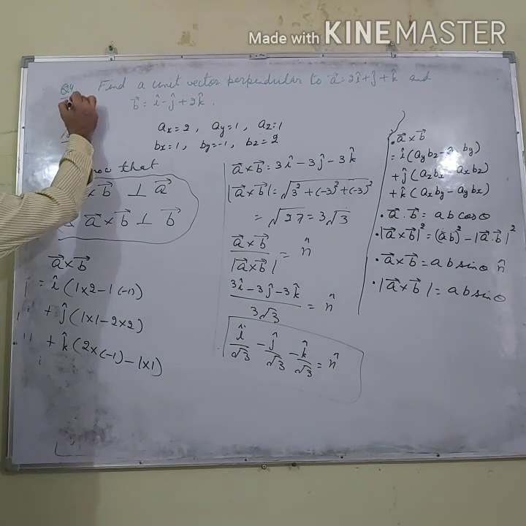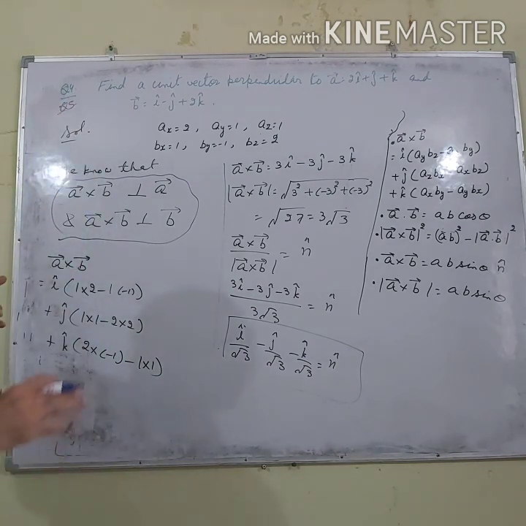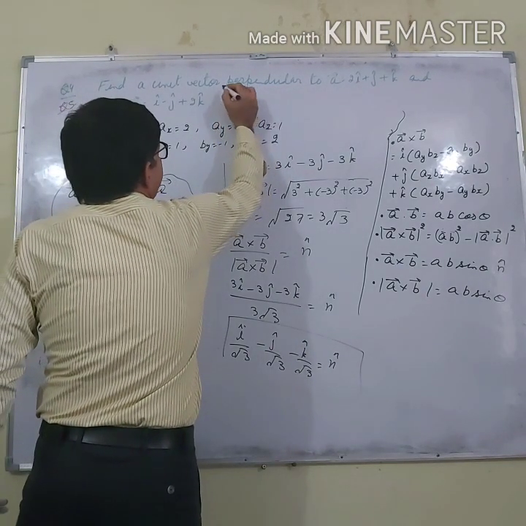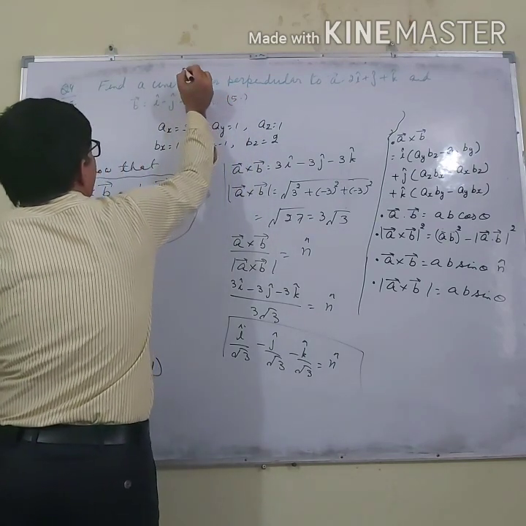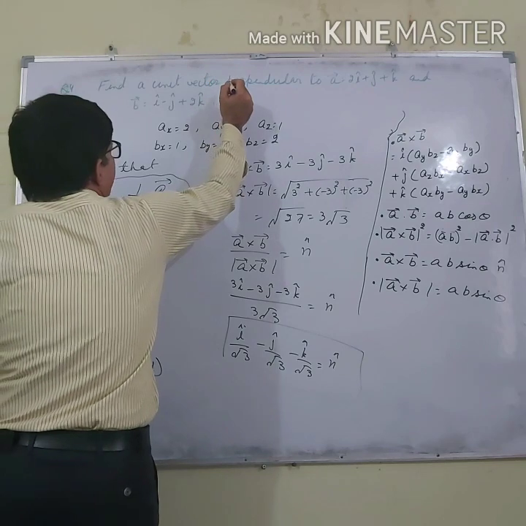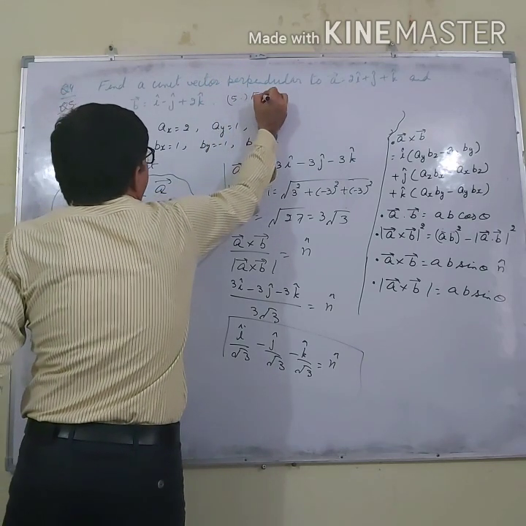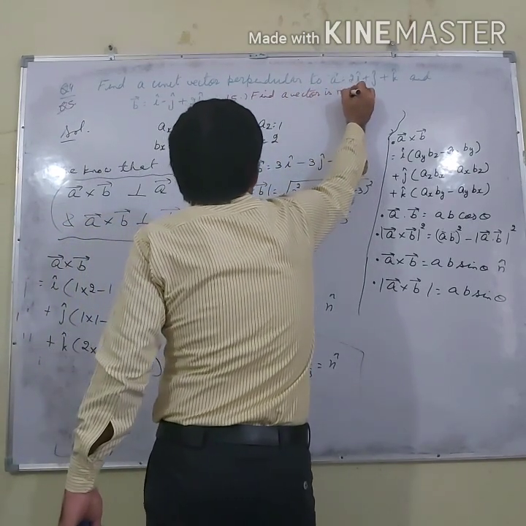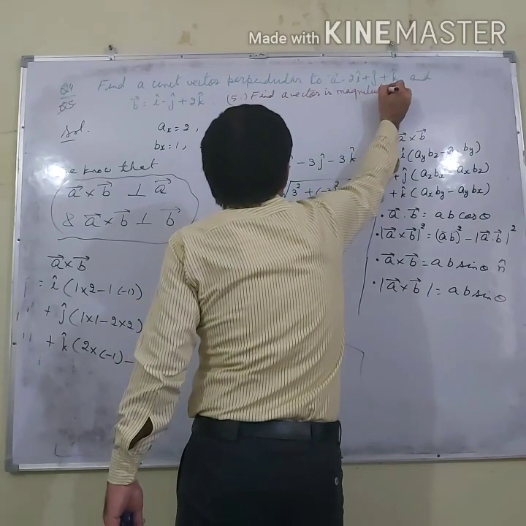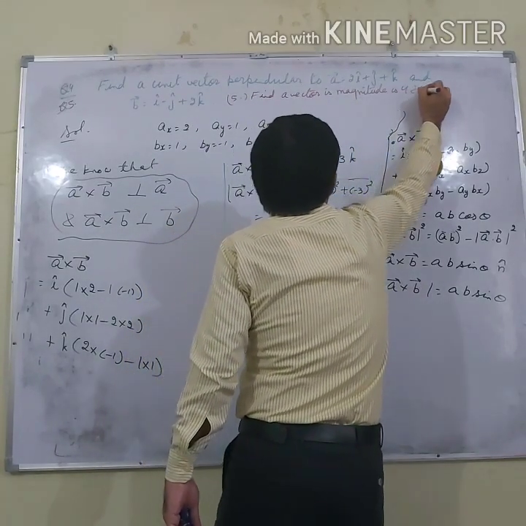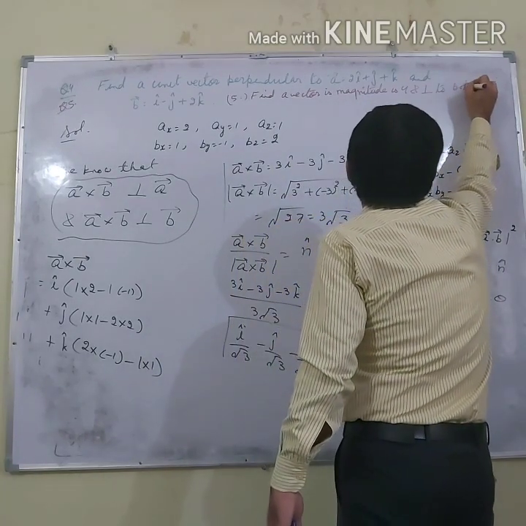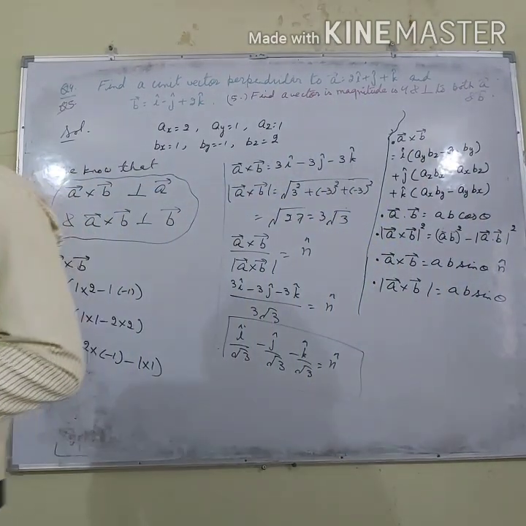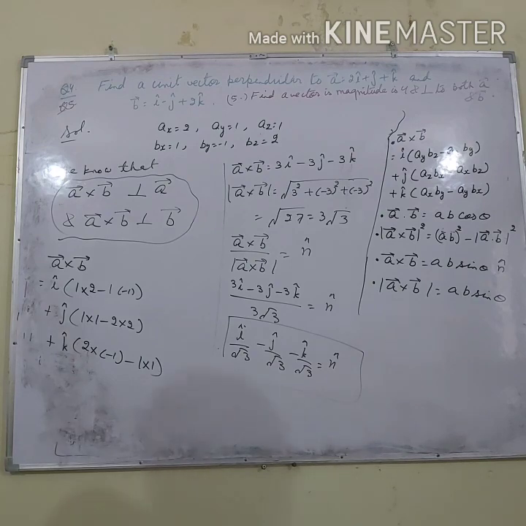This is question number 5: find the unit vector perpendicular to both A and B. In question 5, if I say in place of unit vector, find a vector whose magnitude is 4 and perpendicular to both A and B, can you tell me how I can do this?